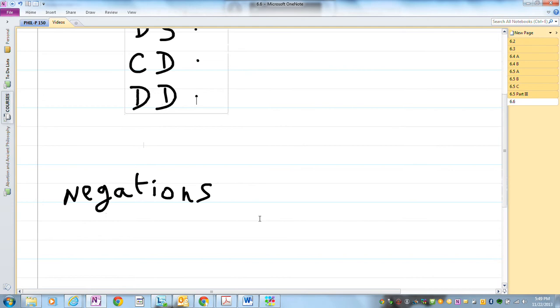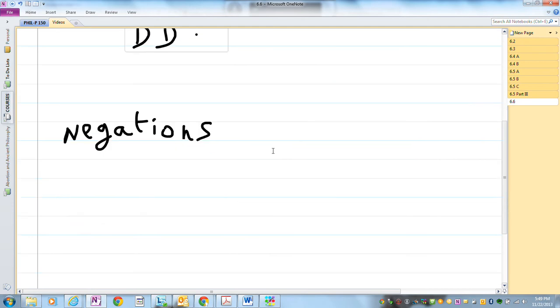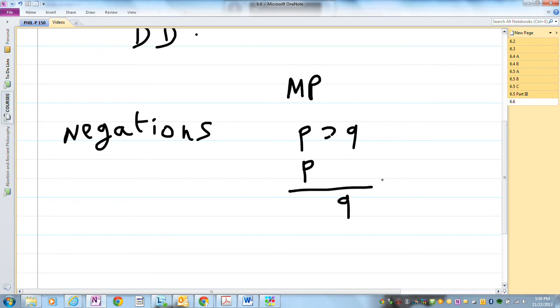Here's what I mean. Let's just state in general terms modus ponens. So modus ponens is this form of reasoning that if you have a conditional, if P then Q, and then as a second premise you have the antecedent of that conditional, P, you can infer validly Q.